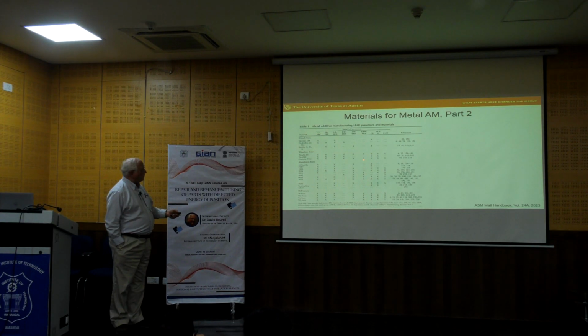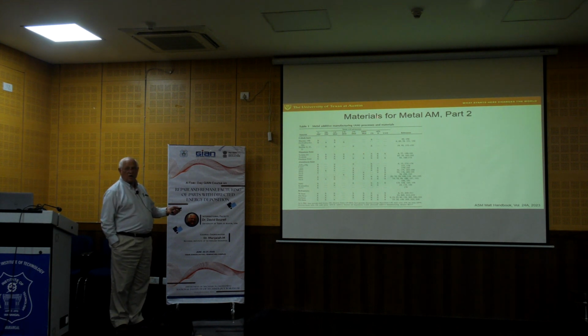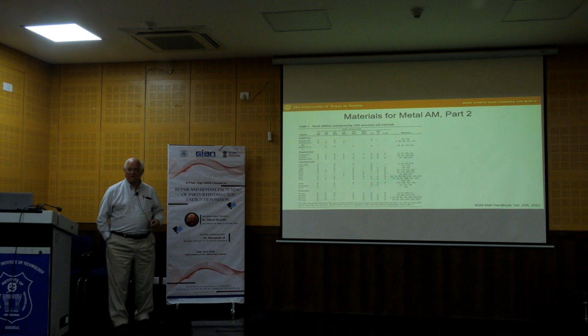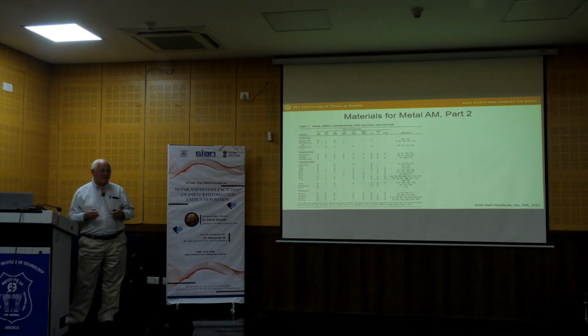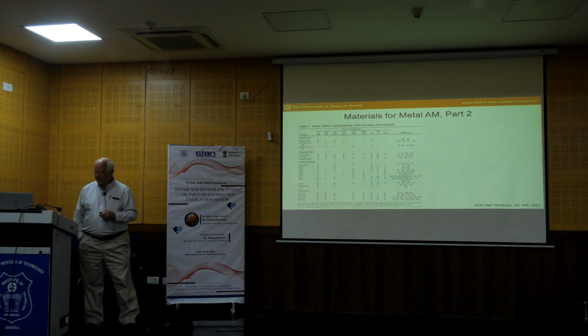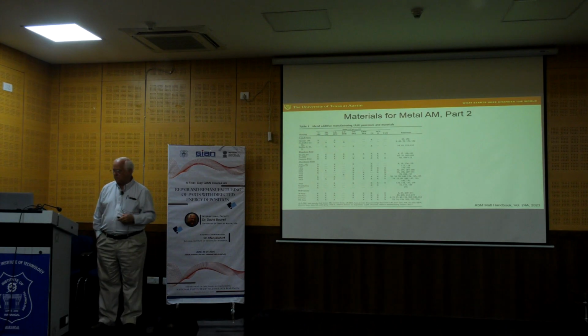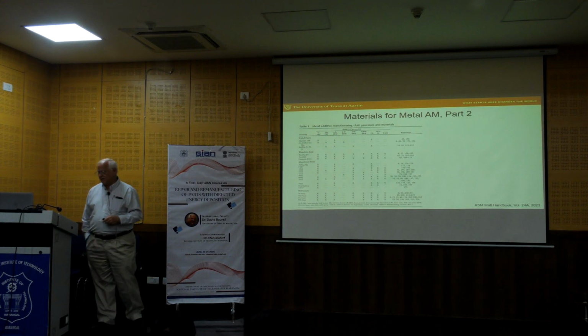And so we have materials that can be processed with that as well. And this is the arc DED. And again, there are a number of materials that can be processed with that technology as well. So again, I think it's a useful source for being able to understand what metals can be processed by DED.